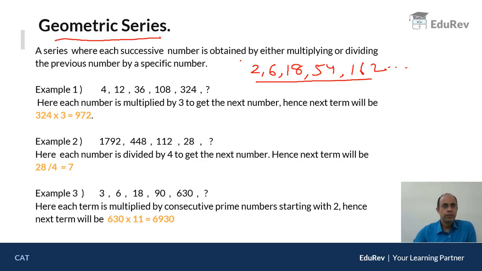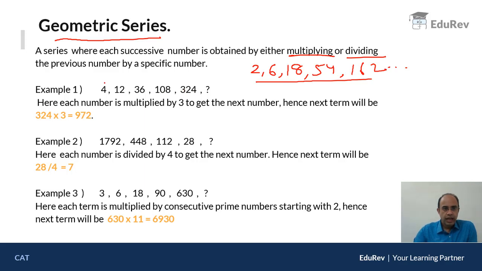Similarly, a series where each successive number is obtained by either multiplying or dividing the previous number by a specific number. Let us take an example. Suppose this series is given to you: 4, 12, 36, 108, 324.